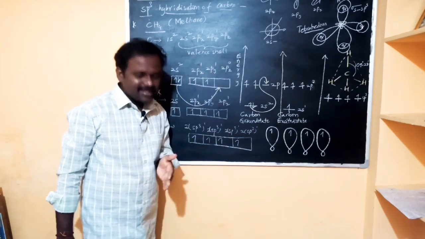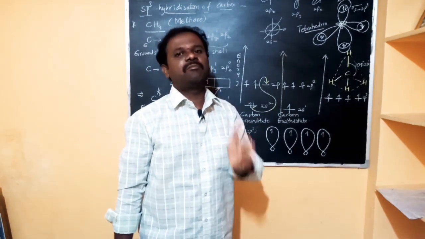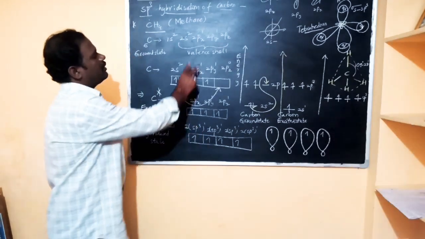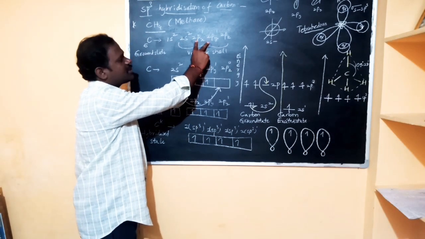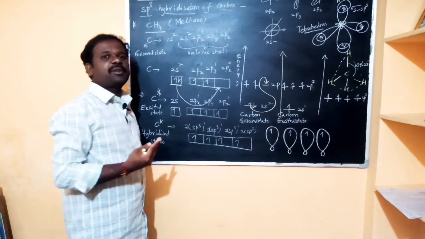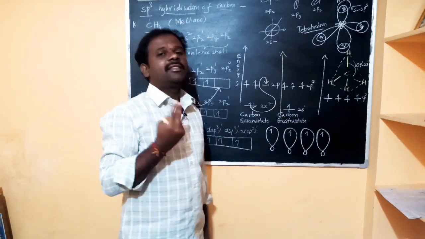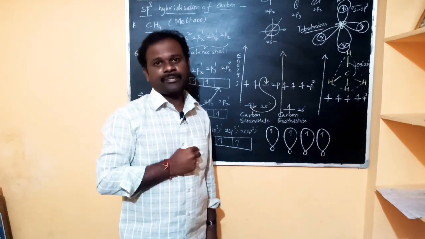These valence electrons are the only criteria for the formation of bonds. Here the number of unpaired electrons is only 2. So there is a possibility of only 2 unpaired electrons, so there is a possibility for the formation of 2 covalent bonds only.